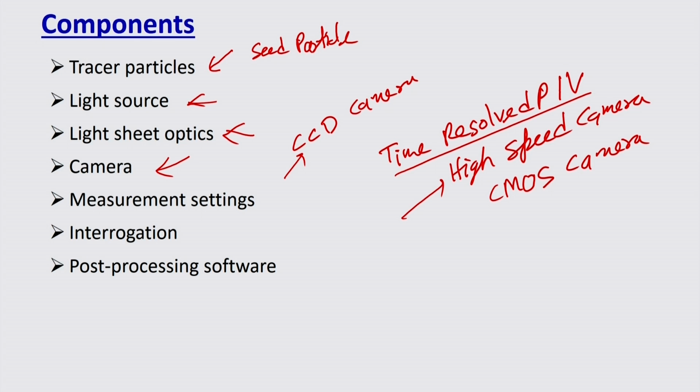In the camera you have to see what should be the resolution of the camera, and what is the interrogation area you want to investigate. Based on that, your camera focal length, your shutter speed, and all those parameters need to be changed. You have to buy a suitable lens so that you can zoom the camera on a particular spot, or if you want a bigger interrogation area, then you have to keep the camera a little bit far from the surface, so that you can cover the entire range.